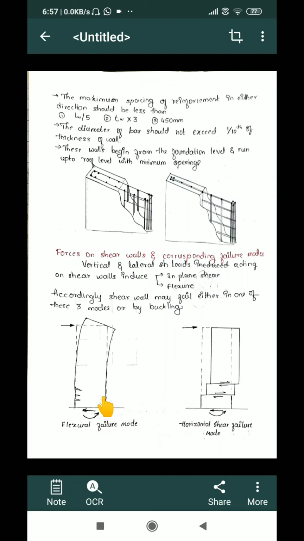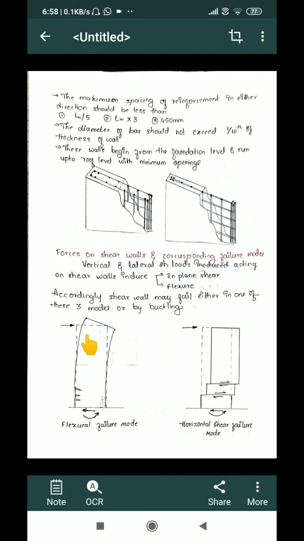So whenever lateral load is applied, a building deflects in this particular manner. When this type of deflection is caused, there will be a change in the angle between a beam and a column. Say suppose this is a column, this is a beam. There will be a certain difference between the beam and the column.